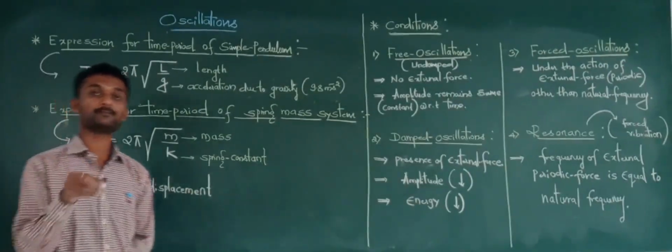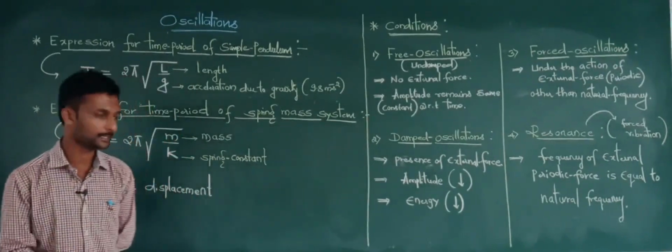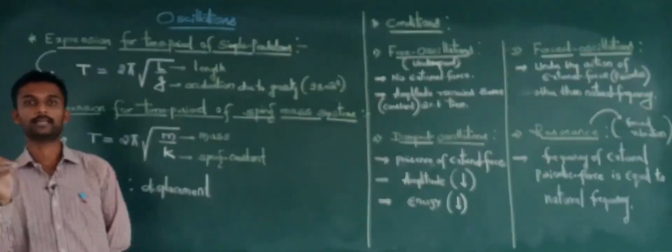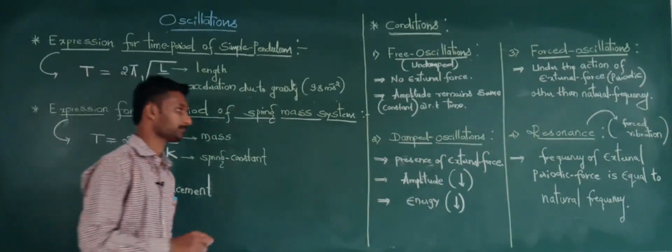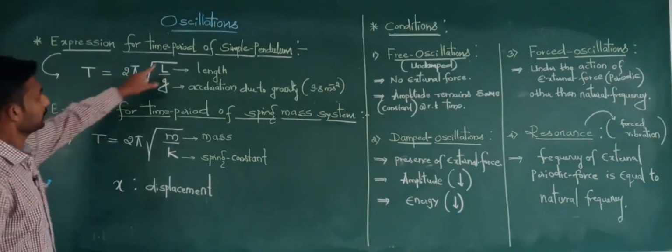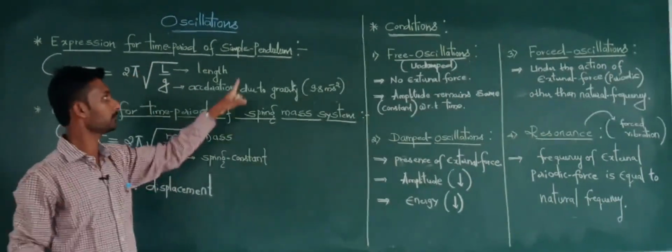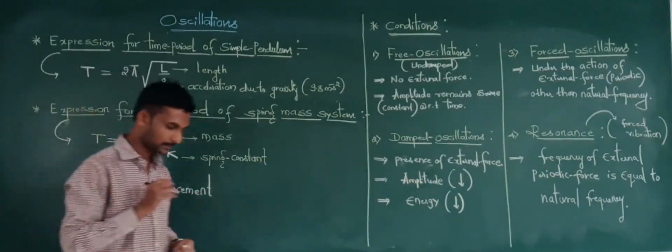After putting some mass in that pan, there will be an increase in its position, there will be a change in its position. That is nothing but displacement. So these two formulas are very helpful to calculate the time period of two different phenomena: the simple pendulum and the spring mass system.